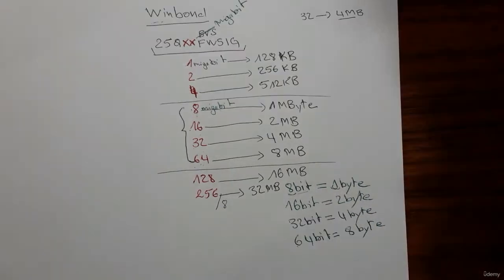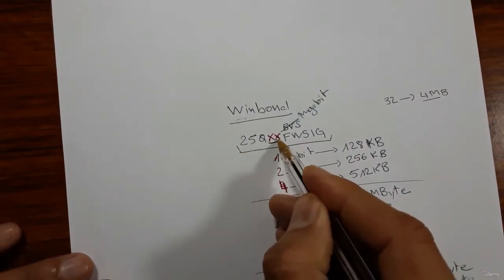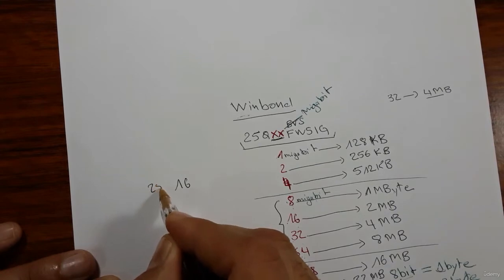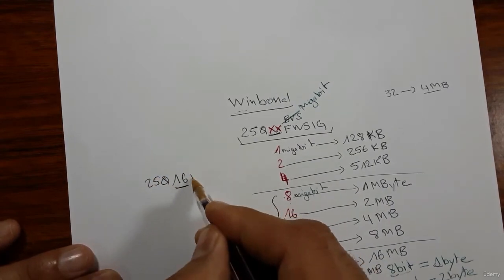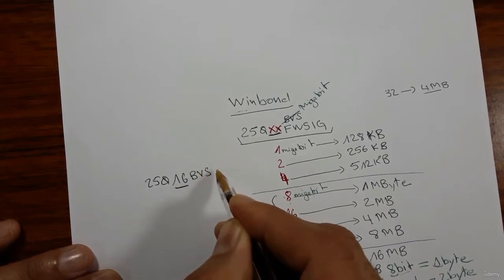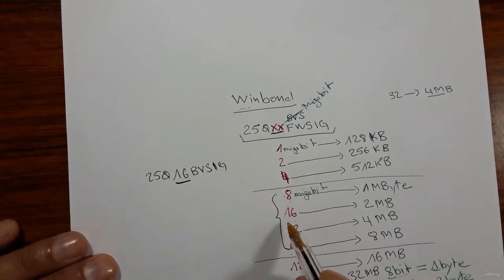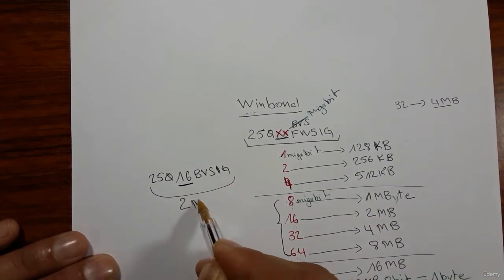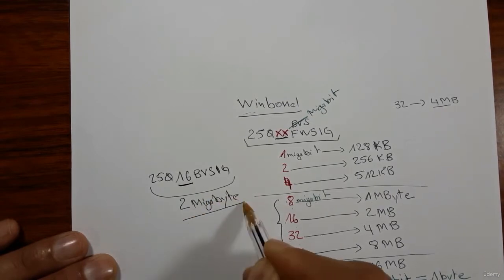For example, if you have a BIOS with 2 megabytes, let's assume that here we have 25Q16 BVS, this is just a reference. So we have 16, which means 2 megabytes, so this BIOS has 2 megabytes of size.